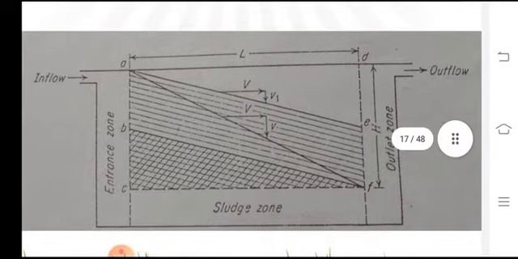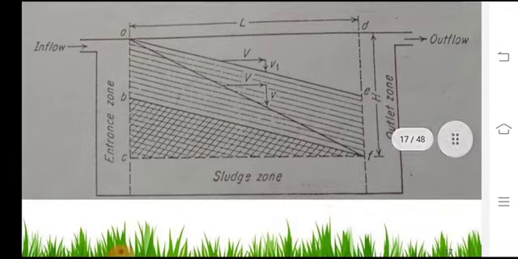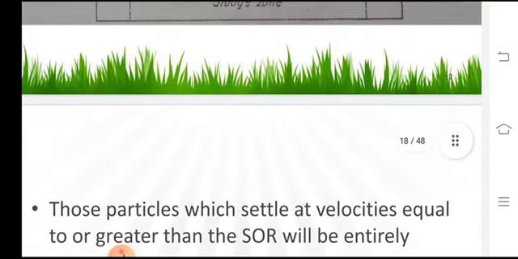So this is the diagram which is representing. We have taken the dimension AF, and at the same time we are also taking this AC, which is representing the H, and then we are also taking the length L, and then we are comparing the two velocities, settling velocity and the horizontal velocity.